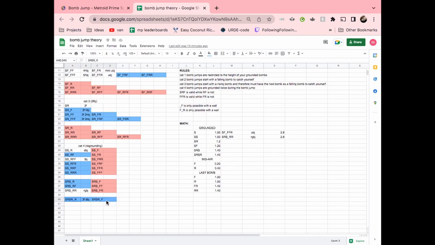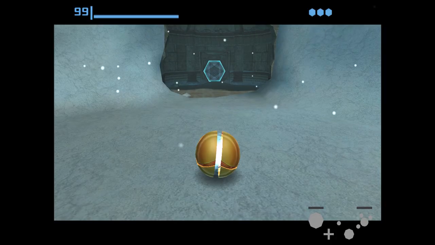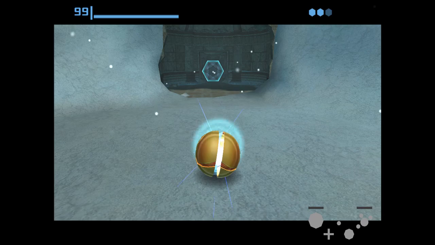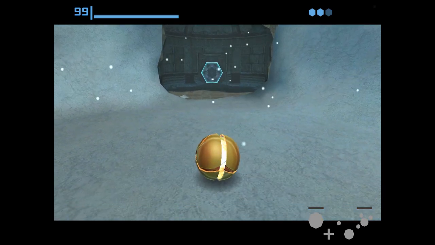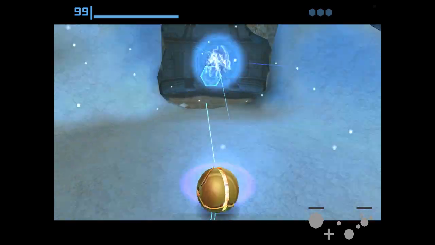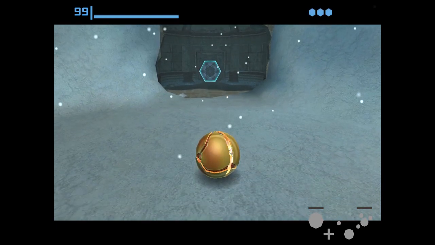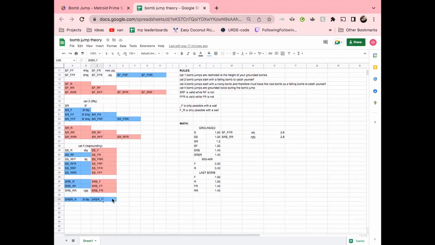Now, what's this last one? This last one is a variation of the DBJ, actually. Is it useful? Kind of, not really. I don't know. But we are restricted to 5 bombs, and so we can replace our grounded bombs in our DBJ with 3-frame bombs. So what's our last bomb jump variation?